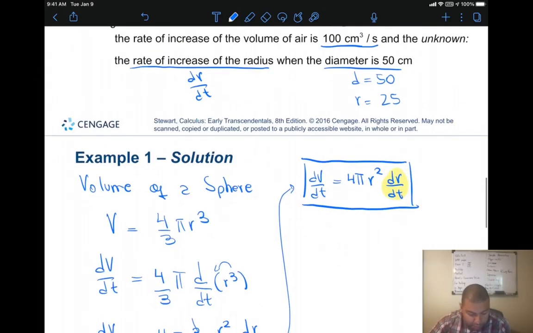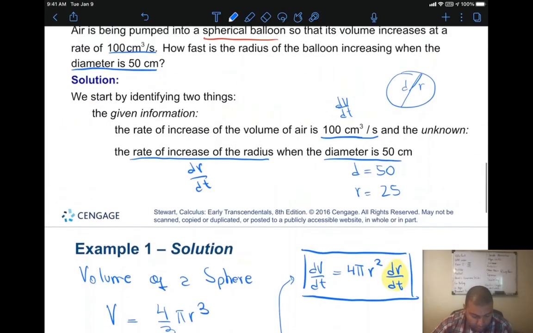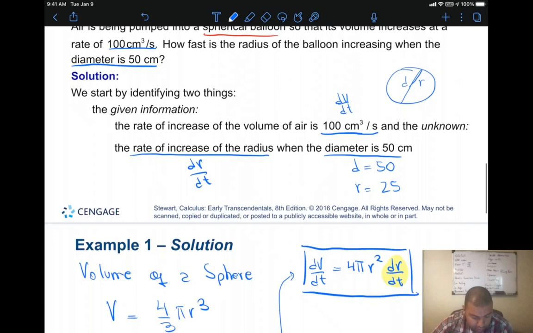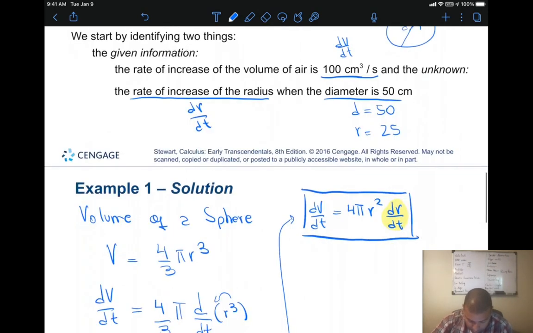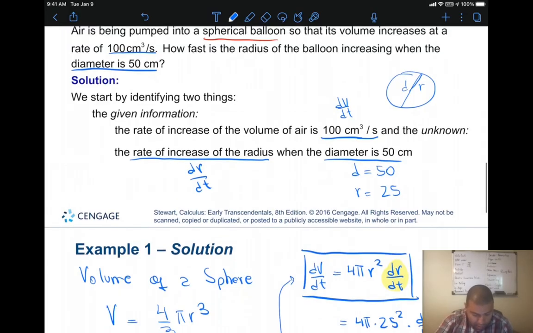To solve this problem now, they're asking, how fast is the radius of the balloon increasing when the diameter is 50? So r is 25, so 4 pi times 25 squared. That's what I want to know, dr/dt, because how fast the radius is increasing is the question.